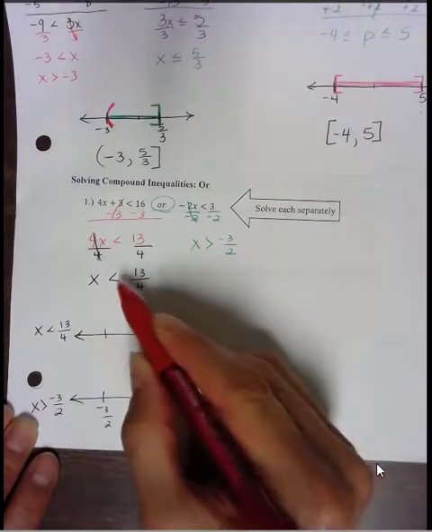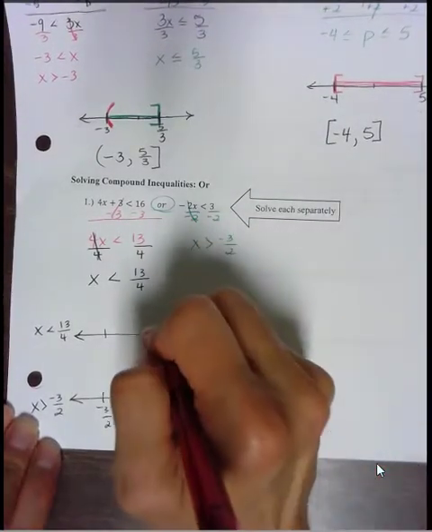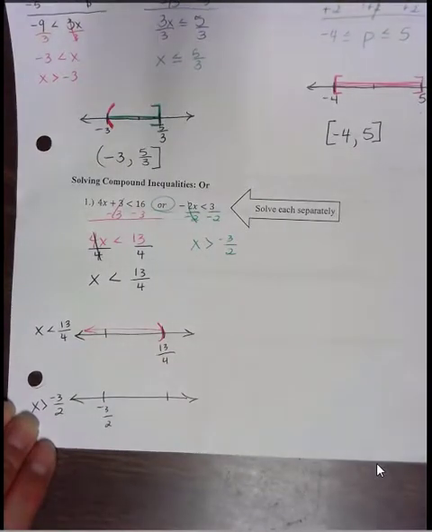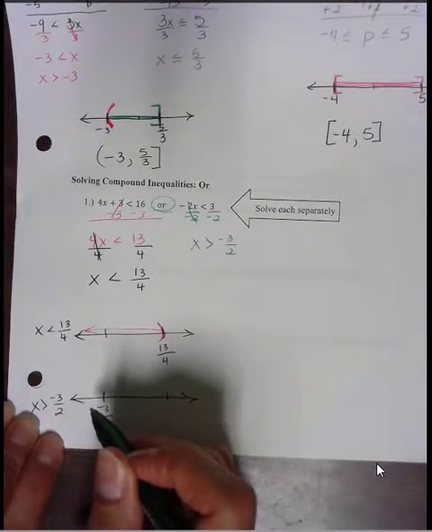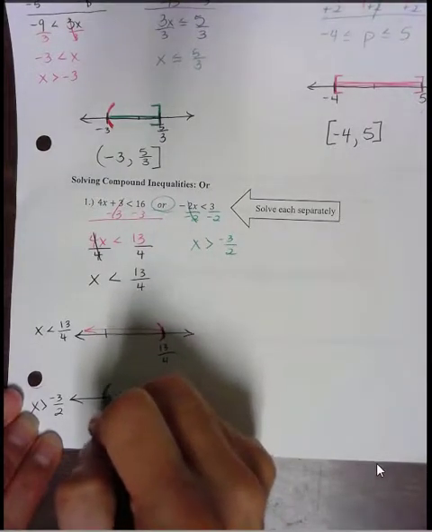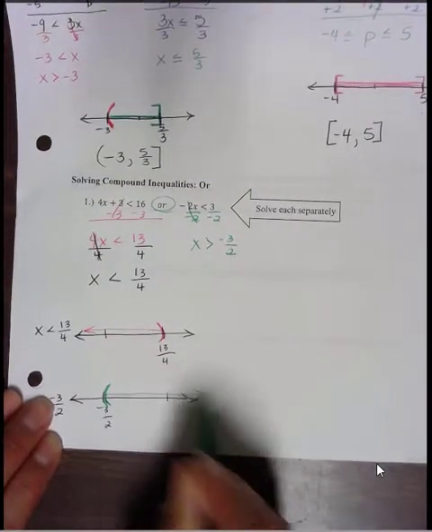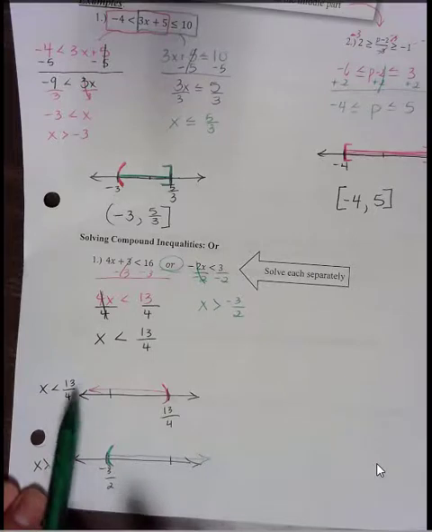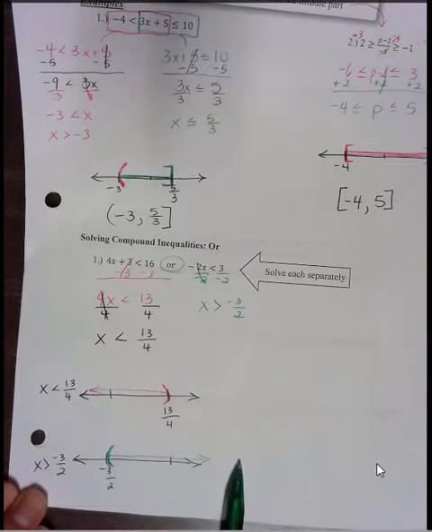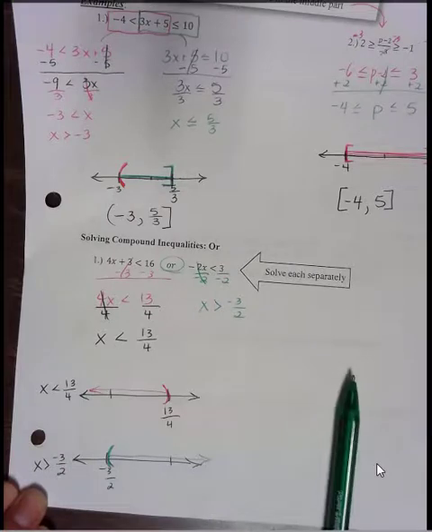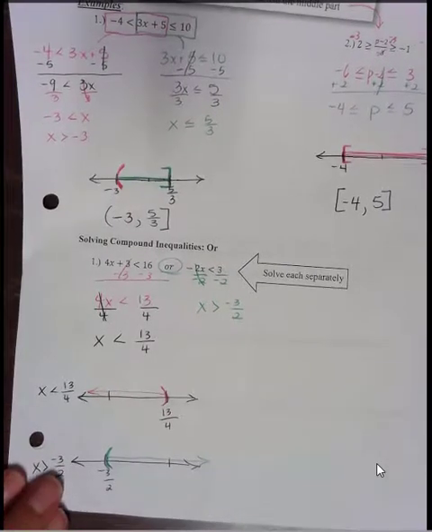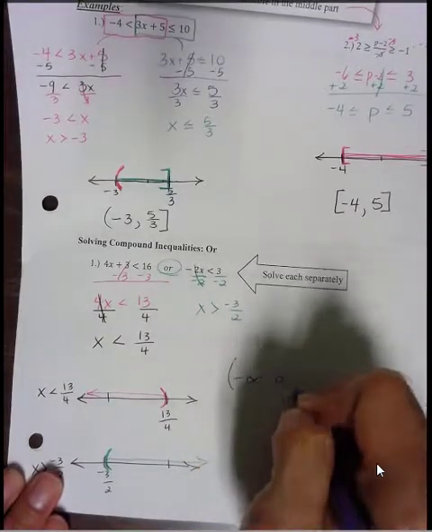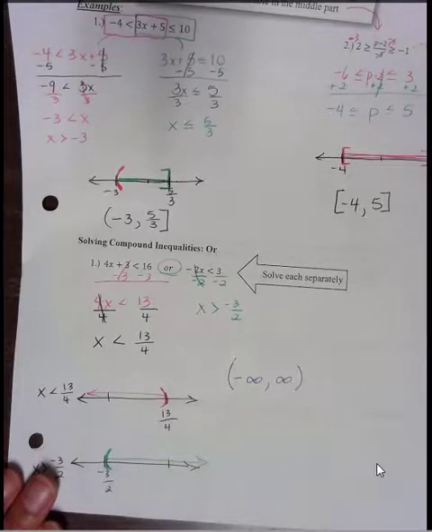In this particular case, I have less than 13/4, right? So we have this open circle or parenthesis and less than. For this one, I have greater than negative 3/2. So I have this, and I'm going this way. Now remember, for an or statement, we said last week that you have the union, and in this particular case the entire number line is being covered. So for this, our final solution would be all of the number line, which means negative infinity to infinity.